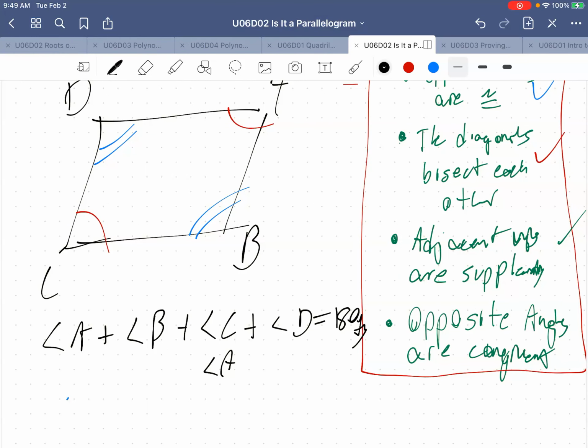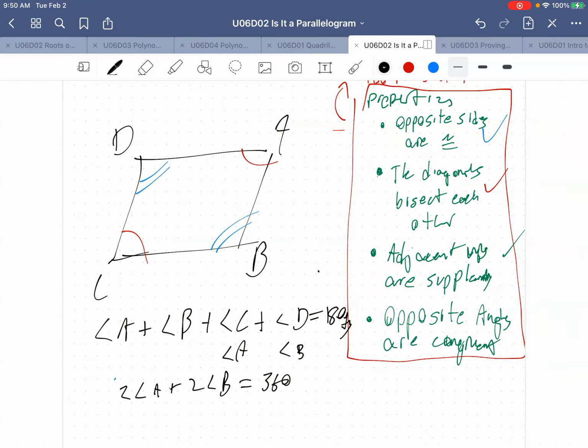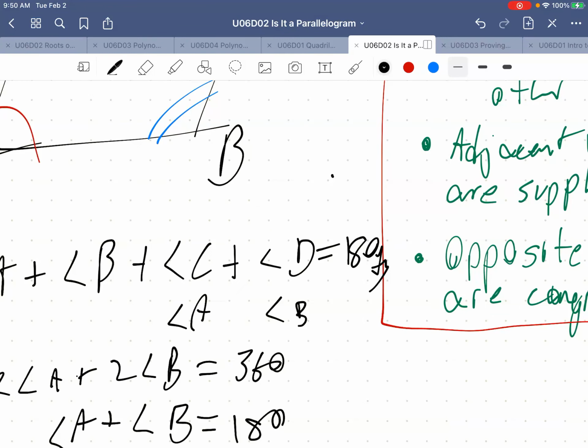And because we know the angle D is equal to B, we can replace that with angle B using substitution. So we get 2 angle A's plus 2 angle B's are equal to 360 degrees. By division, we can say that angle A plus angle B is equal to 180 degrees. So that makes these supplementary.